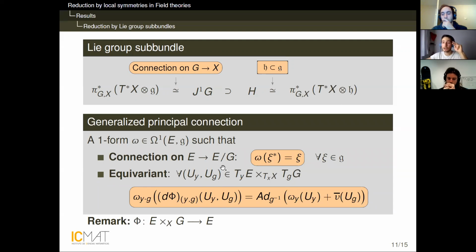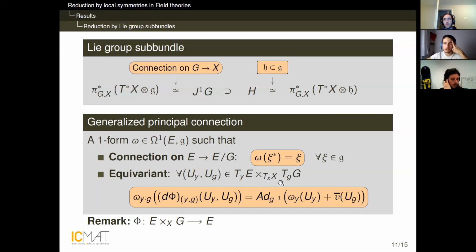However, now we don't have only one bundle, we have another bundle which is the Lie group bundle, and we need to pick then a couple of vectors, not just one. We have seen that the proper way to define this equivariance is by this expression, which has two terms. The first one is the same one as in the case of principal bundles, but we have now an additional term related to the other bundle.